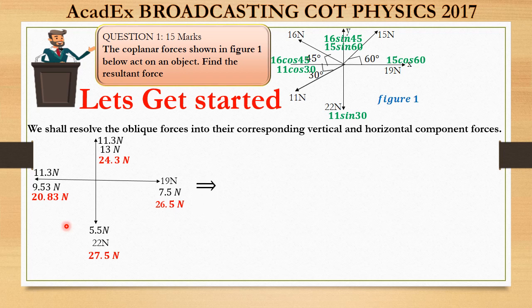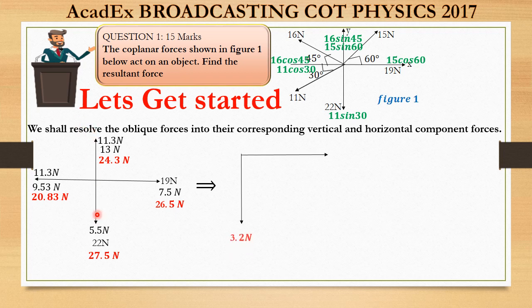From there, we are going to subtract forces that are in opposing direction. For example, these two forces on the x-axis are in opposing direction, and the resultant force on this axis is going to be to the right after subtracting this 20.83 from 26.5, and likewise the same for the y-axis.